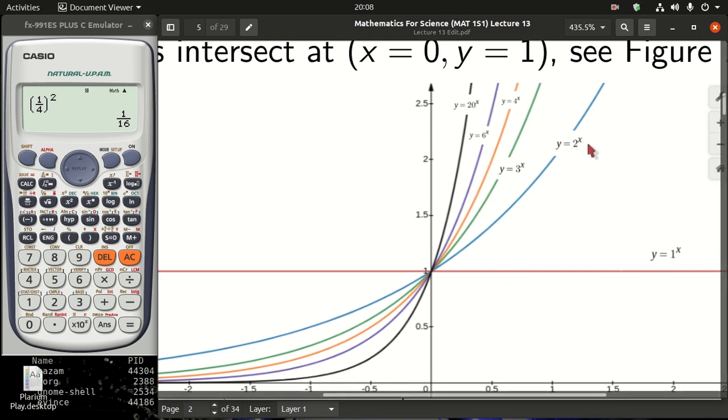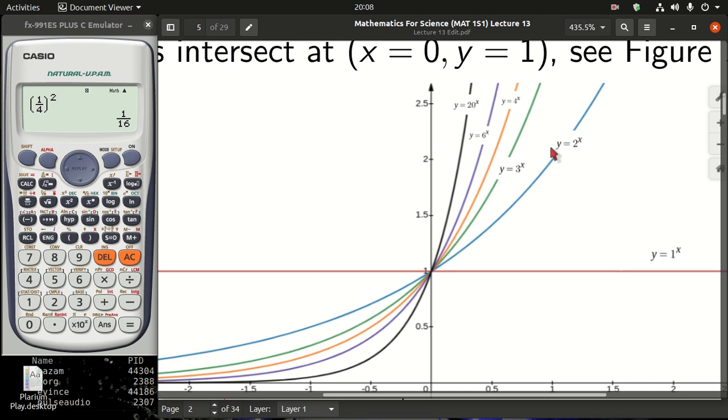At this point here, you have y is equal to 2 to the power x. So it passes at 1, this blue curve, and then as you increase this value to 3, we get a curve that is getting closer to the y-axis. And if you increase this 3 to a 4, then you get 4 to the power x. It gets closer. So as you keep increasing this number here, we get a curve that is a little bit closer to the y-axis.